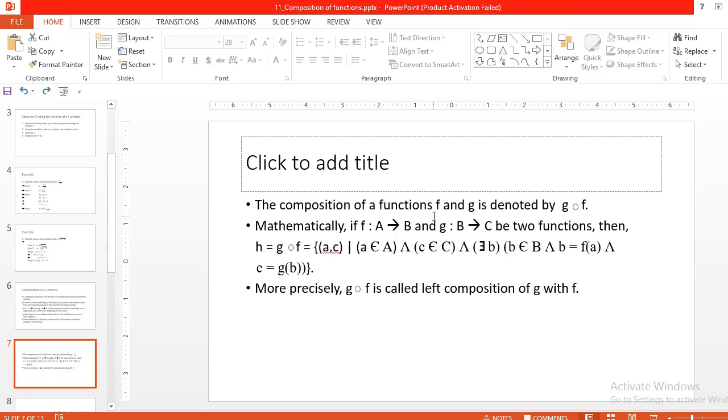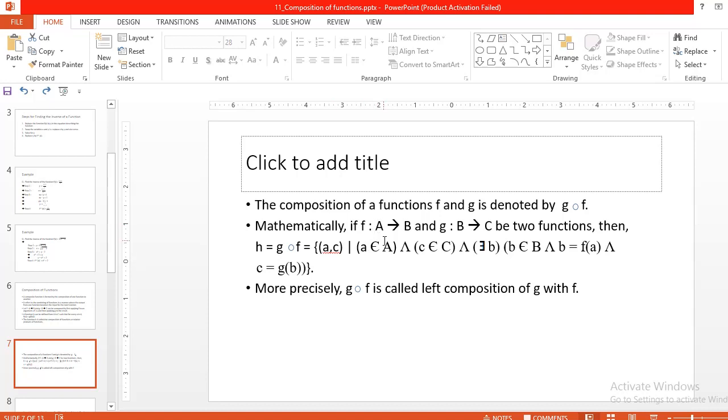The composition of functions f and g, that is g small circle f, is the composition of the functions f and g, not g and f. So mathematically we can write it this way. It is one kind of definition of the composition of functions.